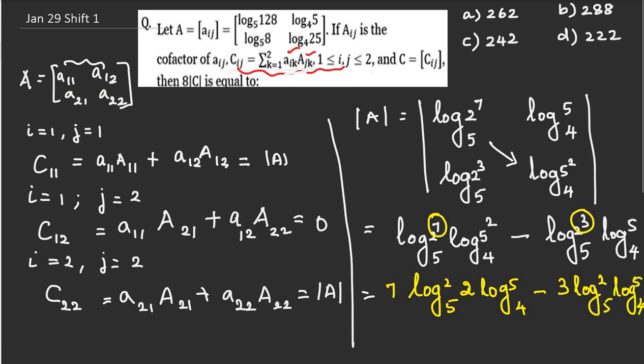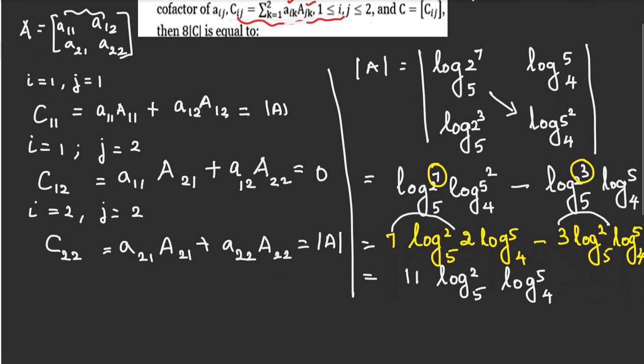Now this is 7 into 2, 14, 14 minus 3 is 11, log of 2 to the base 5 into log of 5 to the base 4.